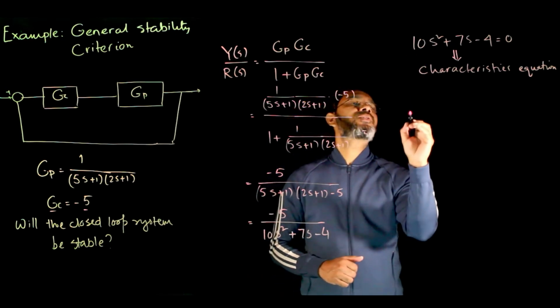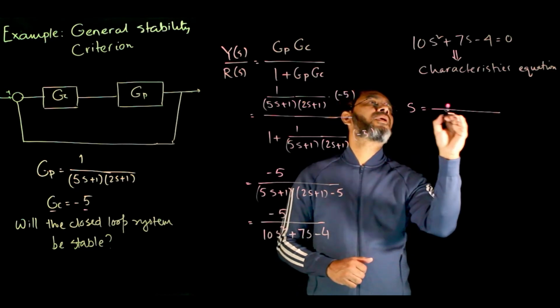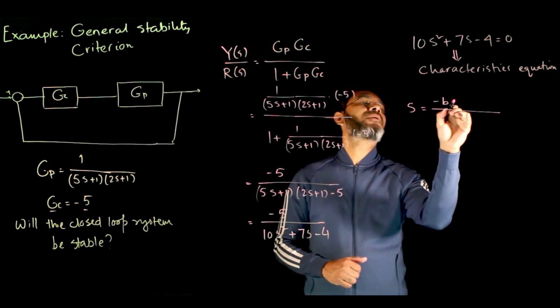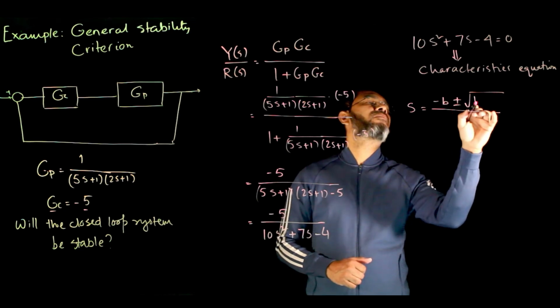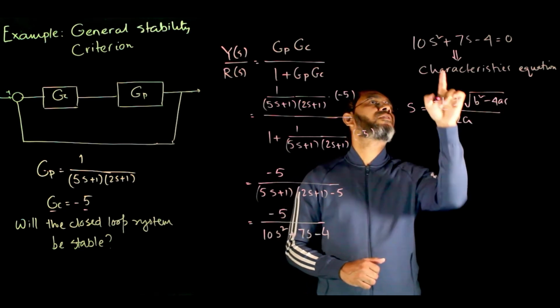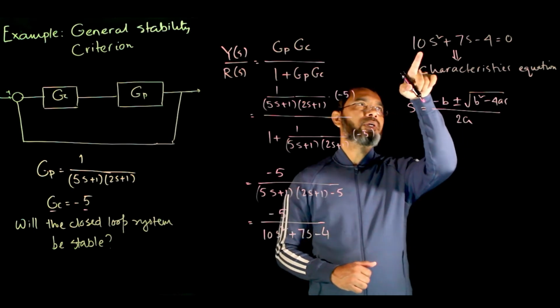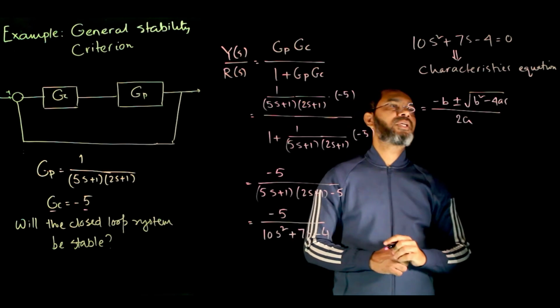So if I look at this, the poles will be minus b plus or minus the square root of b squared minus 4ac, over 2a, for a second order polynomial equation as squared plus bs plus c equals 0.